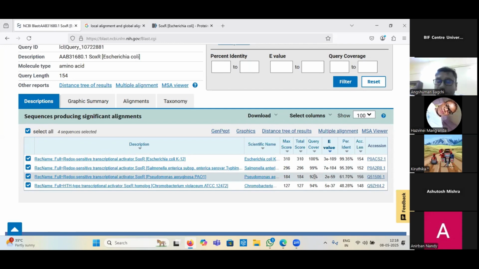I will show you, then you will understand it in a better way. E-value. E-value is an expectation value. E-value gives you an idea about how reliable the alignment is. The lower the E-value, the better the alignment. And this is the percent identity. That means how many amino acids are exactly identical. And it is the length.